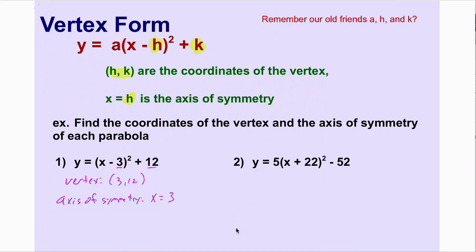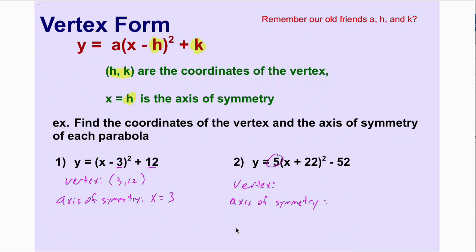That's it. For number 2, the fact that the a is 5 means the parabola will be steeper, and that will certainly impact the way the graph looks, but will have no impact whatsoever on the vertex or the axis of symmetry, which are still going to be found just by looking at the h and k.